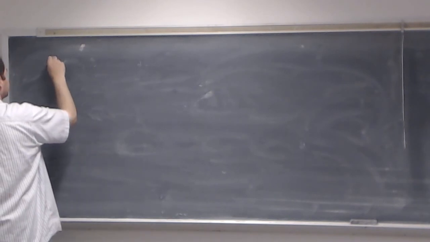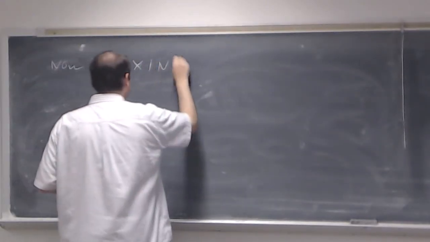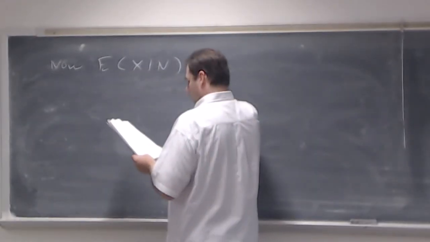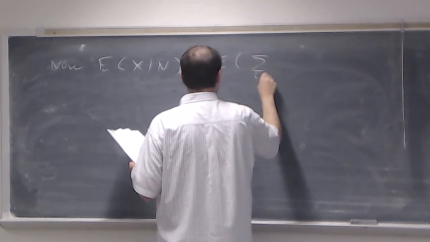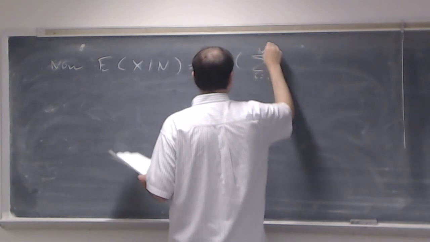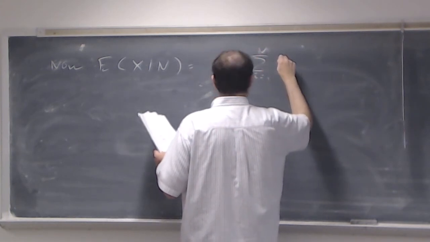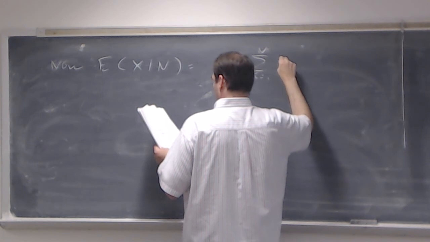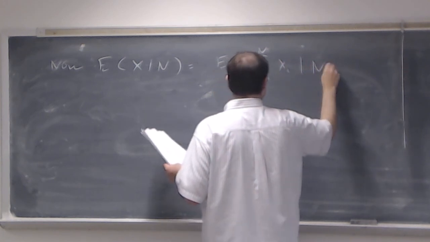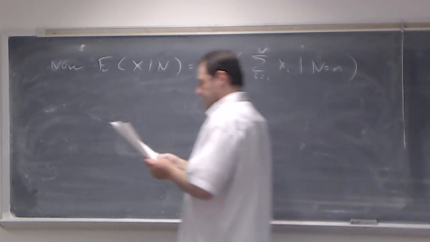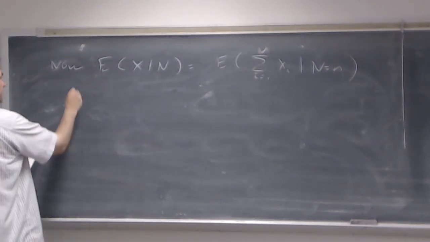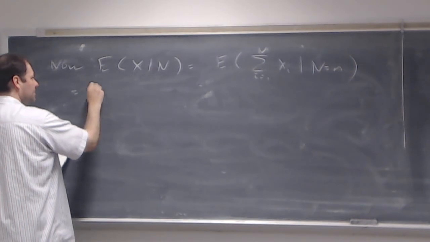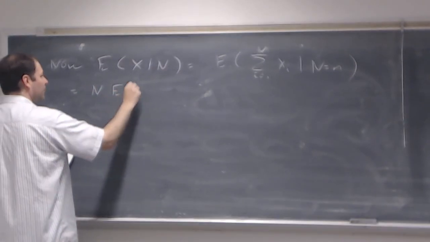So I'll just look at the expected value of X given n. And we worked with that before. This is the expected value of the sum as i runs from 1 to n of X_i given n equal to n, which equals, I'm going to shorten this down, n times the expected value of X sub 1.